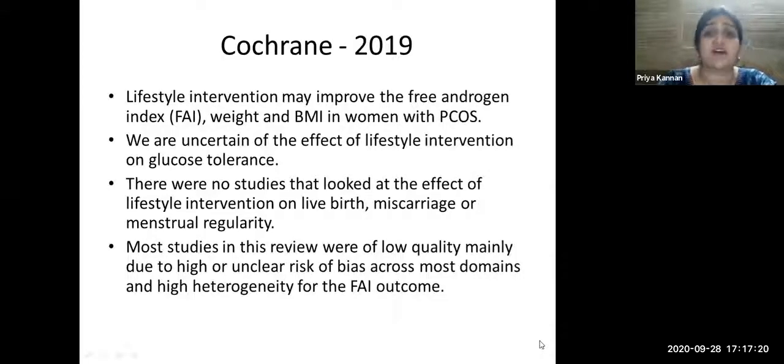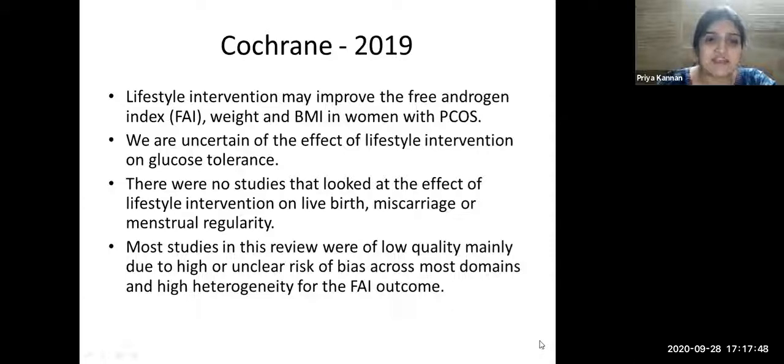So what does Cochrane say about this? Cochrane also says that lifestyle intervention may improve the free androgen index, that is FAI, the weight and the BMI, but they are uncertain about the effect of lifestyle intervention on glucose tolerance. There have been no studies with adequate evidence looking at the effect of lifestyle modification on live birth, miscarriage or menstrual regularity.